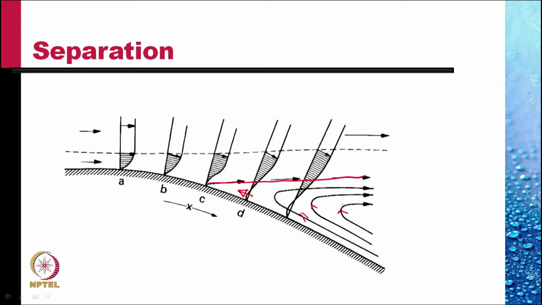So the boundary layer that was developing here now separates and moves this way. This whole region here is now disturbed. The pressure here is no longer equal to the pressure that would have been if the flow was truly inviscid and no boundary layer was forming.